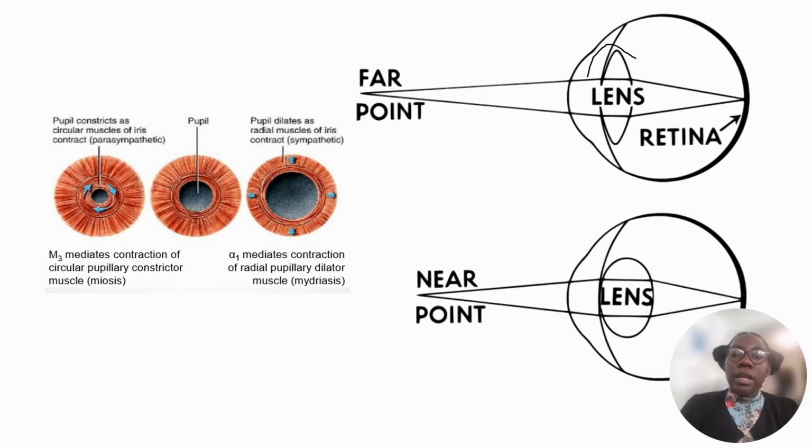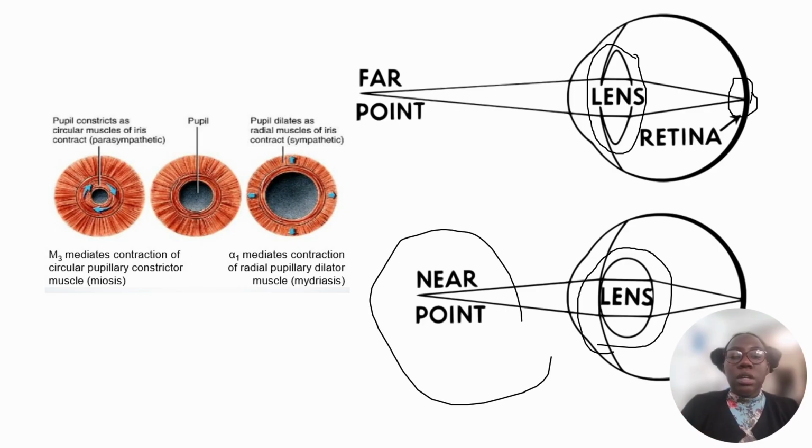The lens will elongate so that the focus point could fall on my retina, so that I can see, and the retina will be able to convert the image. But what will happen if I'm looking at something that is close? Then my lens will shorten and become like a ball, and that allows the focus to fall also on the retina.